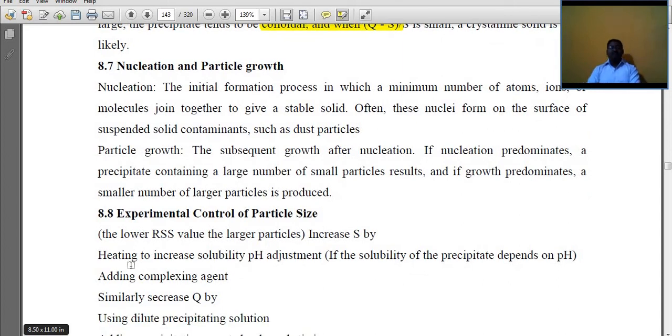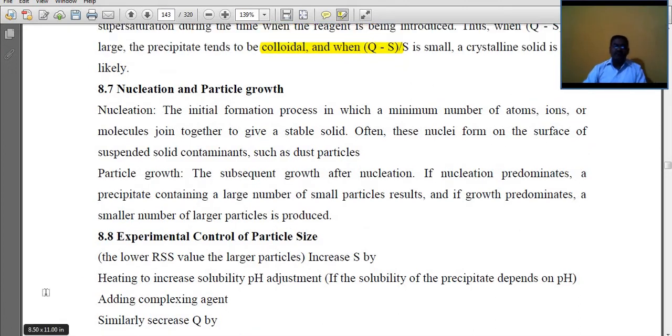Nucleation and particle growth. Nucleation means the initial formation process in which a minimum number of atoms, ions or molecules join together to give a stable solid.